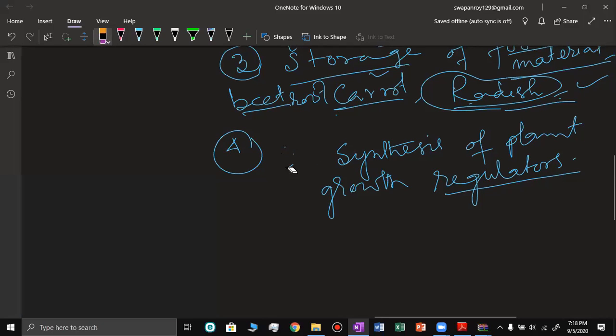I was writing production, so I stopped and instead I have written synthesis. Okay, synthesis of plant growth regulators. Plant growth regulator, or you can say the plant hormone.